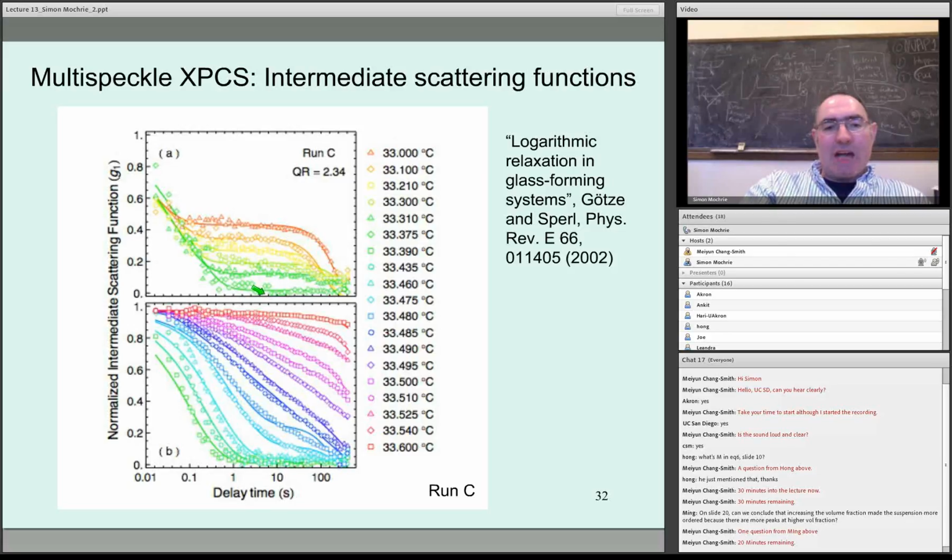And by the time I've got to this green color, which is about 0.4 degrees hotter than the orange color, the correlation function decays all the way to 0, indicating that now I don't have persistent correlations. I'm now in a liquid phase.